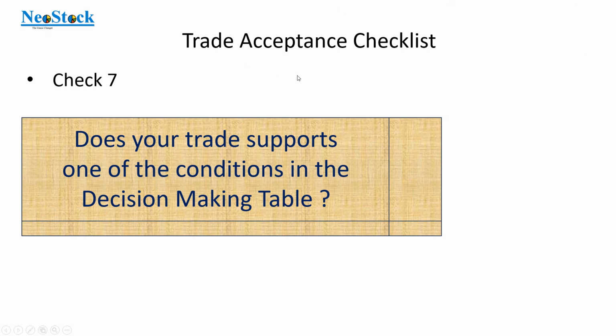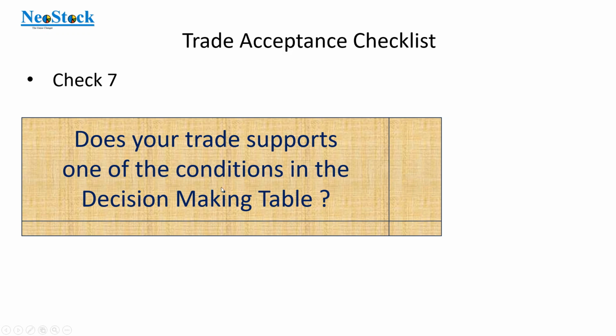That's why this condition says, whatever the rules we defined in the decision making table, bullish trade setup for long trades, bearish trade setup for short trades, at least one rule should be satisfied. If at least one rule is satisfied, you can proceed further.